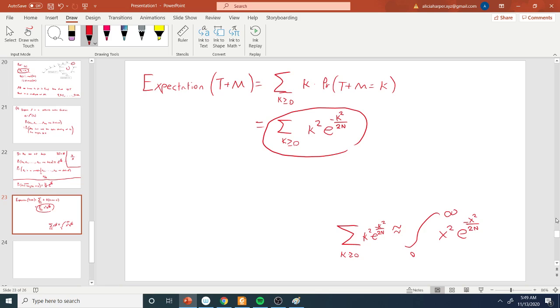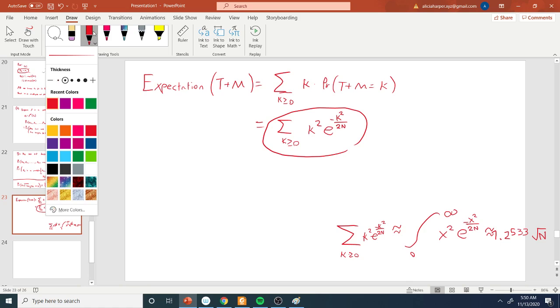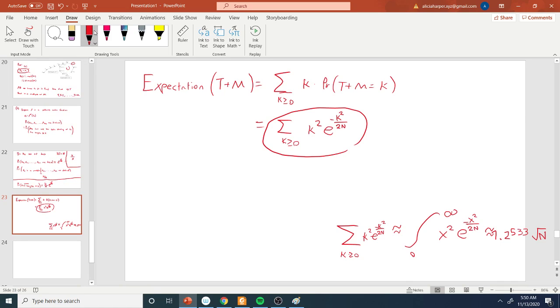And by using calculus, you can compute that this integral is itself approximately equal to 1.2533 times the square root of n. Now, in fact, you can compute it exactly if you wish, using some techniques that I don't want to talk about.